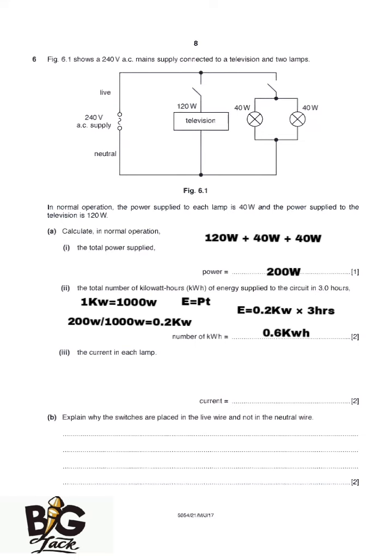The next one, Roman numeral 3, is saying the current in each lamp. Here I was saying resistors connected in parallel receive the same voltage but different current.